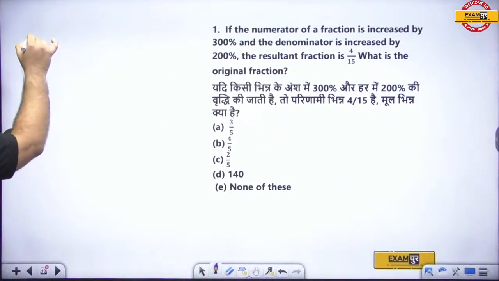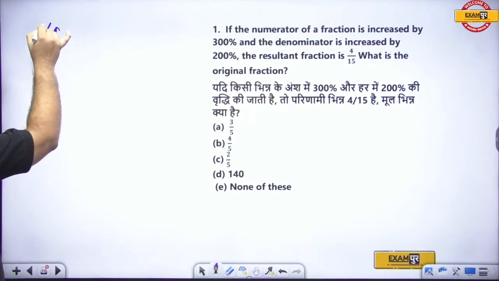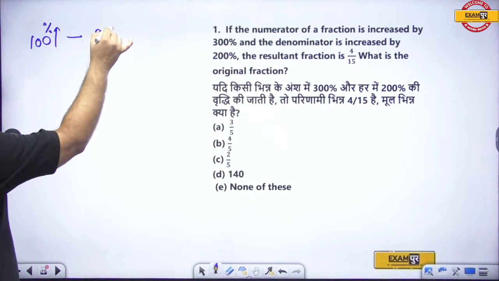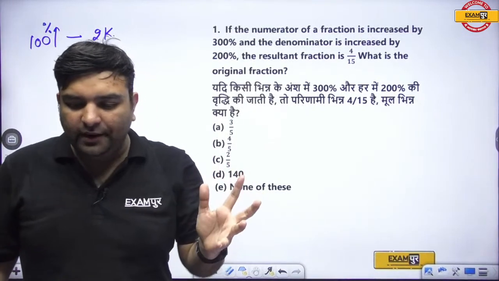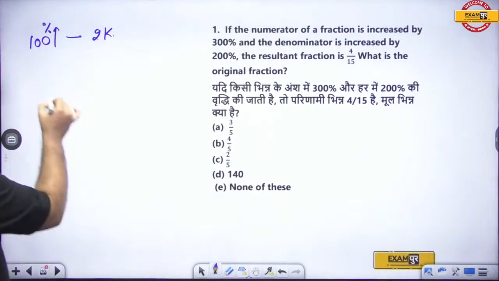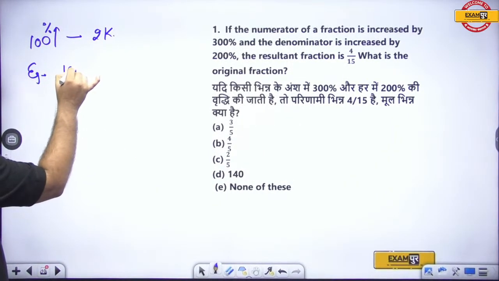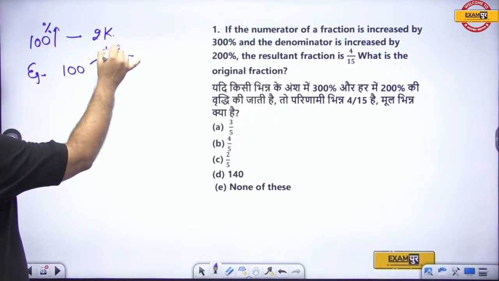Like 100% increment is basically 2 times. Whenever you are increasing something by 100%, you are making double of it. Let's suppose your salary is originally 100 and you have taken a 100% hike in your salary.